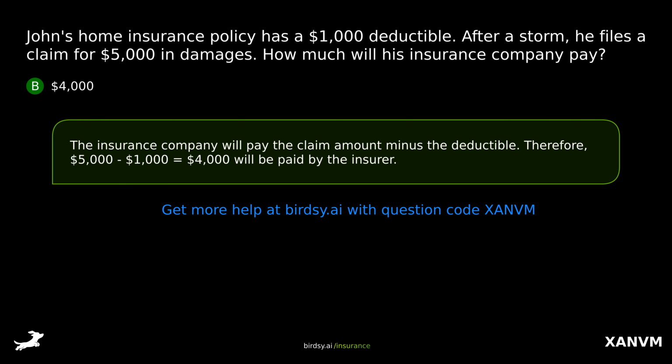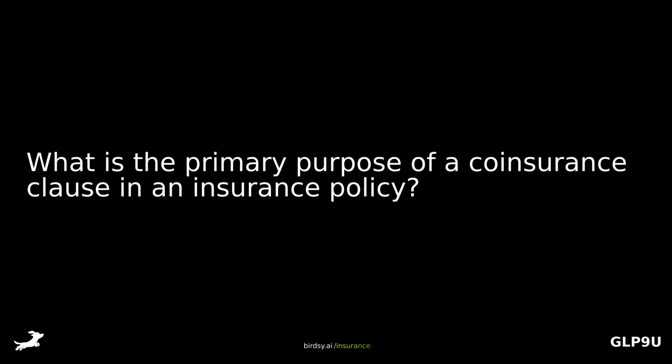The insurance company will pay the claim amount minus the deductible. Therefore, $5,000 minus $1,000 equals $4,000 will be paid by the insurer. What is the primary purpose of a coinsurance clause in an insurance policy?